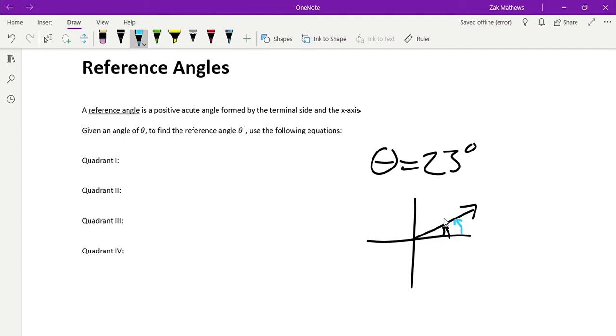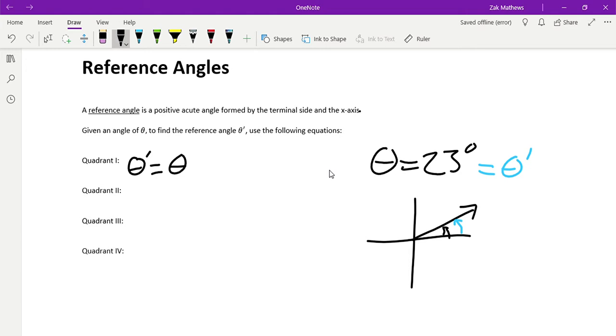So the reference angle is one and the same with the initial angle, and that's going to be our formula for quadrant 1. Our theta prime, our reference angle, is just equal to theta. Very easy in the first quadrant because all angles in the first quadrant are already positive and acute.